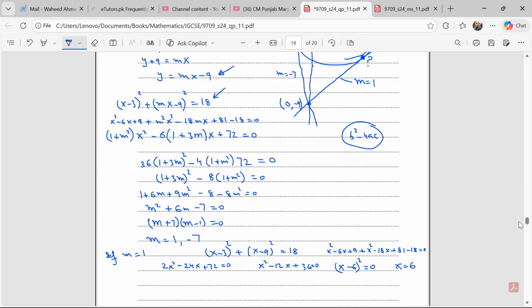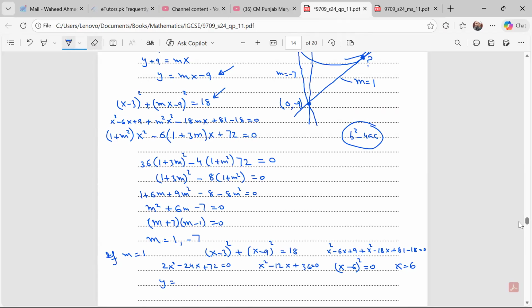Okay, so y is equal to mx minus 9. m is 1 and x is 6, so 6 times 1 is 6, and minus 9 is minus 3.